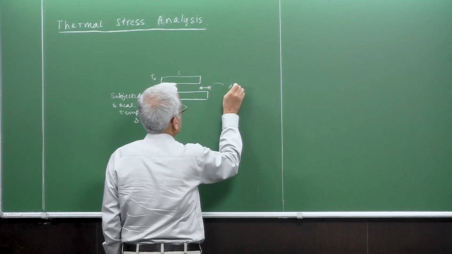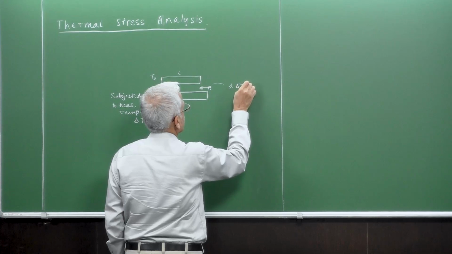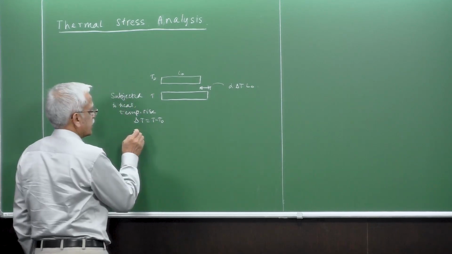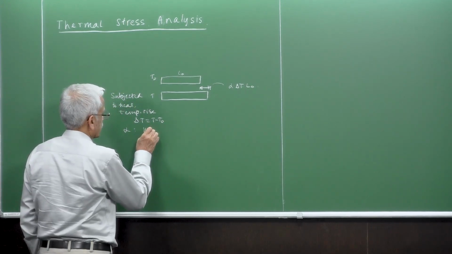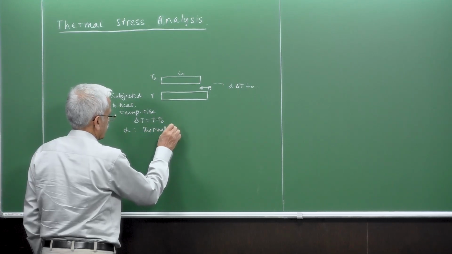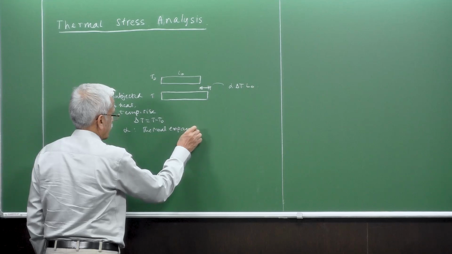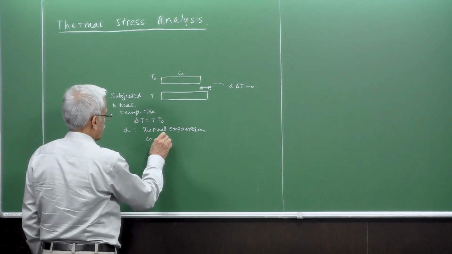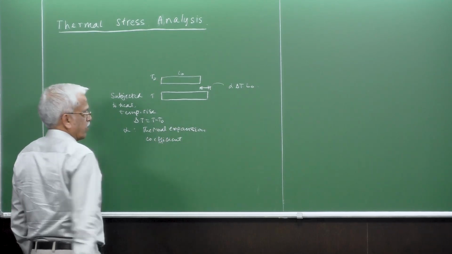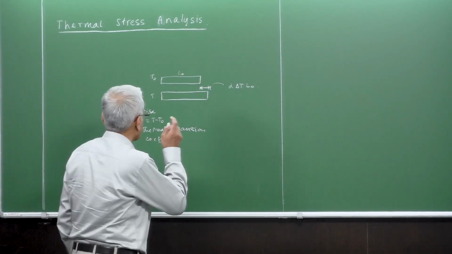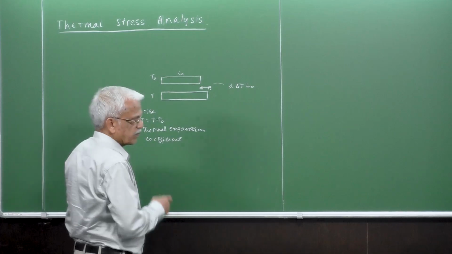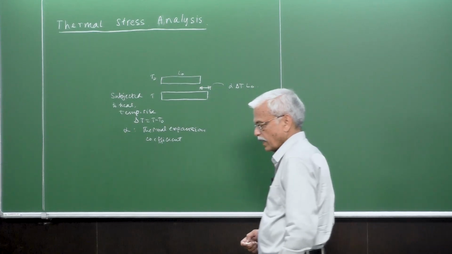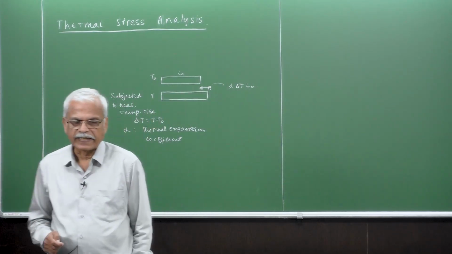This change is alpha times delta T times L naught, where L naught is the original length and alpha is the thermal expansion coefficient, and delta T is the change in temperature. The thermal expansion coefficient is the change in length divided by original length, per degree temperature.